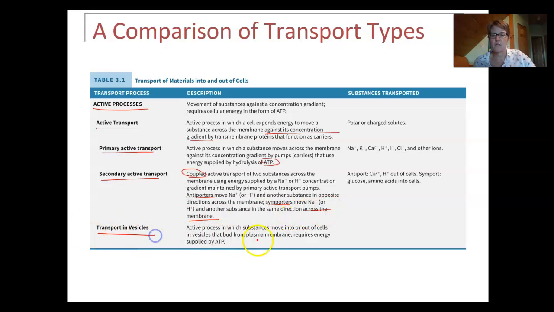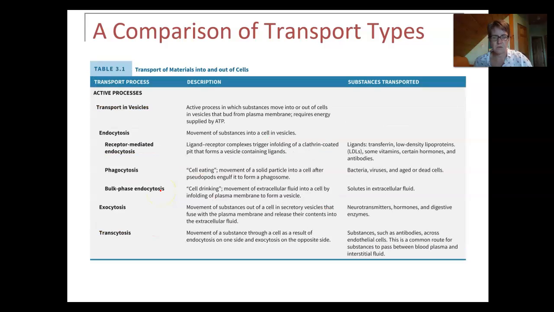And then I had my bulk flow. My bulk flow was bringing stuff in, bringing stuff out, bringing stuff across. Bringing stuff in, I had phagocytosis. I had endocytosis, where I'm just taking in whatever I can.